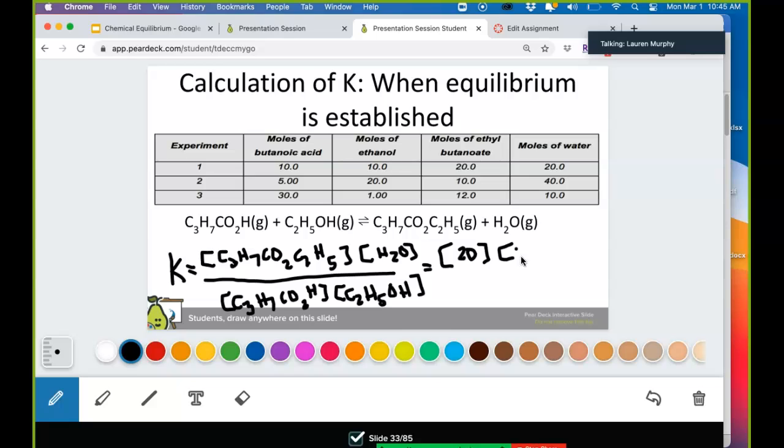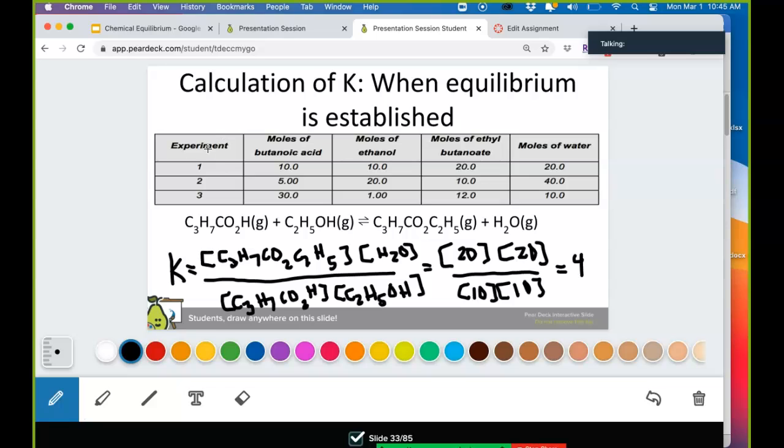Water is 20. Butanoic acid is 10. Ethanol is 10. 20 times 20 is 400, divided by 10 times 10 is 100. 400 divided by 100 is 4. Okay, so that was for experiment 1.